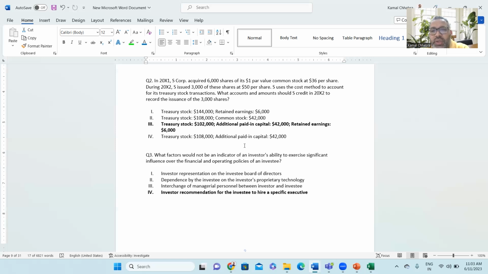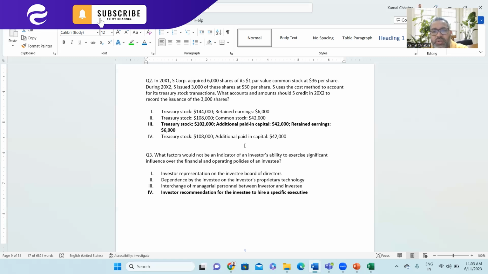They had originally issued at $36 per share for 6,000 shares. In 2002, 3,000 of these shares at $50 per share they have done buyback. And S used the cost method to account for the treasury transaction. What account and amount should S credit?